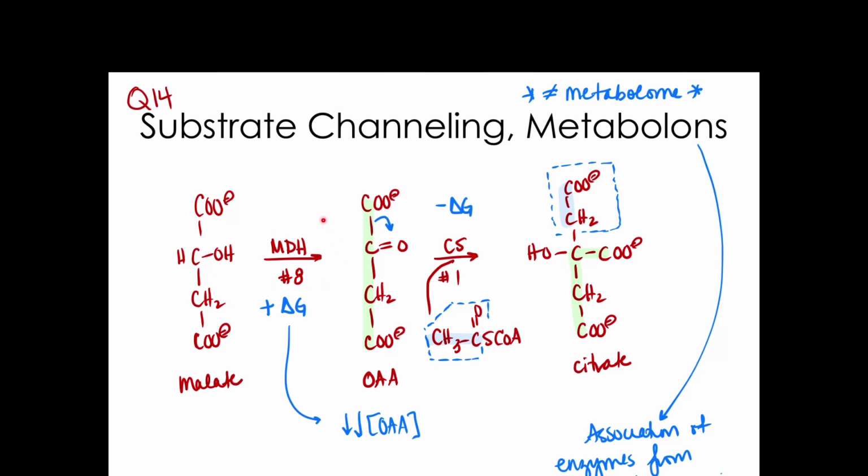So when malate dehydrogenase is doing citric acid cycle chemistry, it wants to be closely associated with citrate synthase so that it can have this effective substrate channeling. It can overcome the fact that we've got this positive delta G.